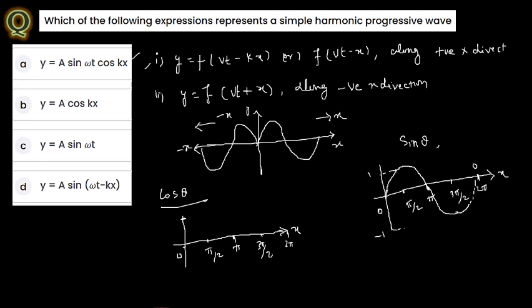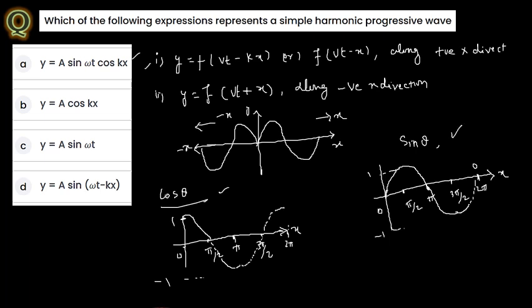Cos 0 is 1, so this is the maximum amplitude. Cos 90 is 0, cos pi is minus 1, cos 270 is 0, and cos 2 pi, that is cos 360, is plus 1. So this is the cos wave, and this one is the sine wave.